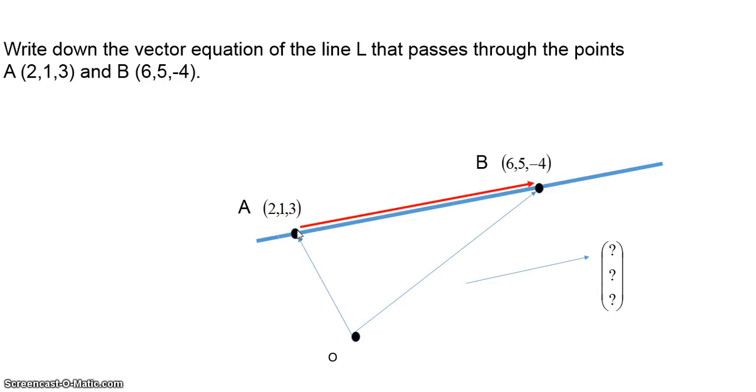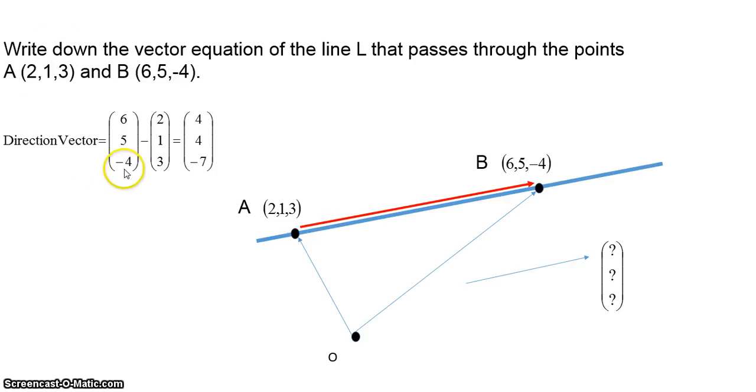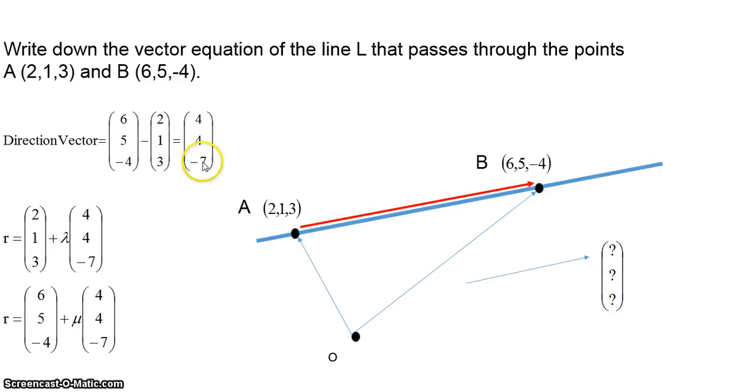It's actually OB minus OA. What is OA? OA is here, (2, 1, 3). OB is here, (6, 5, -4). So the direction vector will be OB minus OA, and you get (4, 4, -7). And this (4, 4, -7) will be the vector, this red color one, which gives you the direction of the line.